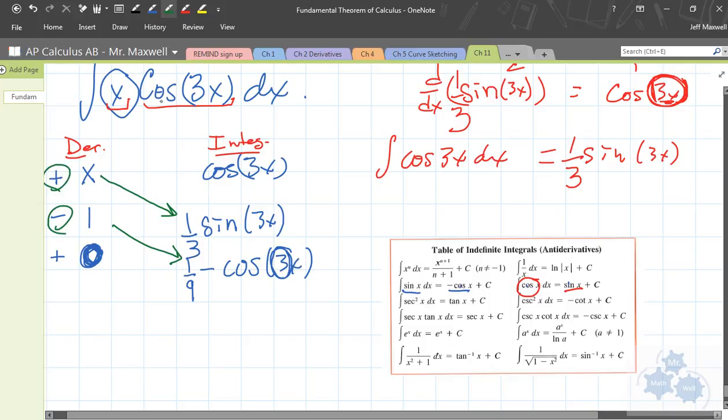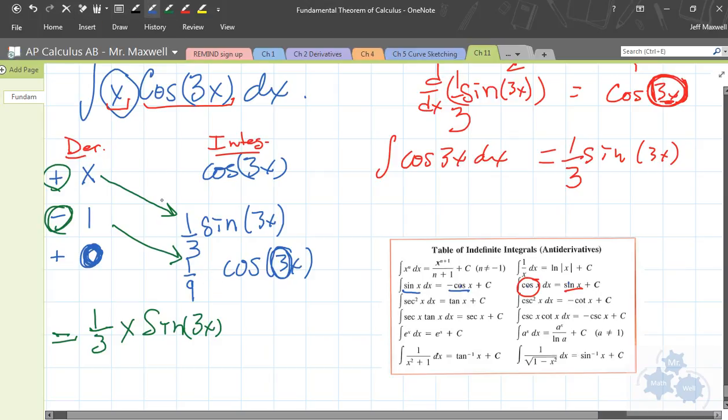So the integral of x cos 3x is going to be equal to 1/3 sine 3x times x. So let's say that's 1/3, I'll put the x next, then sine of 3x. Where these brackets are doesn't really matter. So that's that product. And then this is going to be a negative, but is this a positive or a negative here? It looks a little funny, it's not a minus.